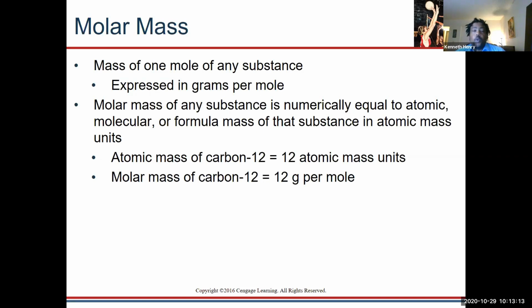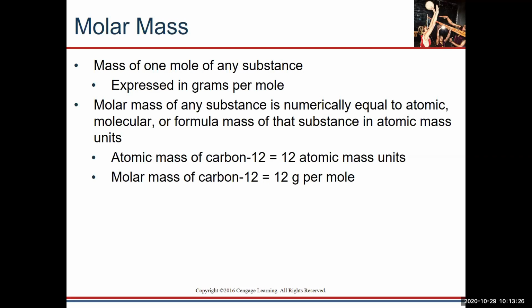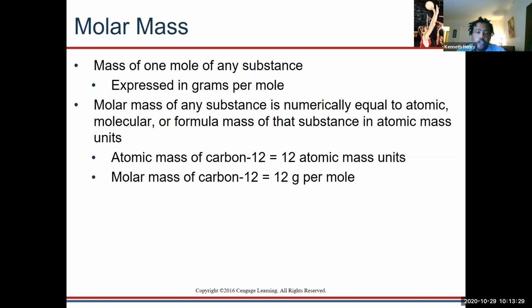So for instance, if you were cooking for 25 people, and you have a recipe for 5 people, can you scale it up? Yeah. So essentially that's what we're doing. We're scaling it up so it'll be a bigger quantity that we're working with.